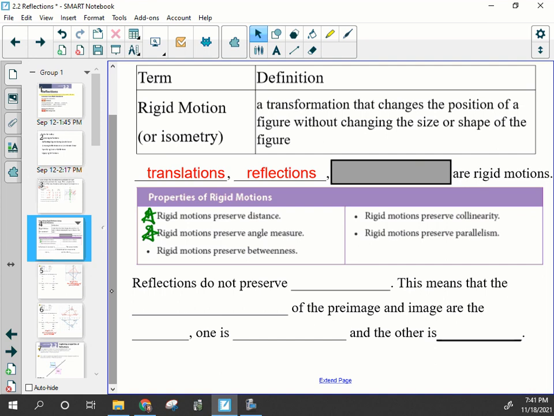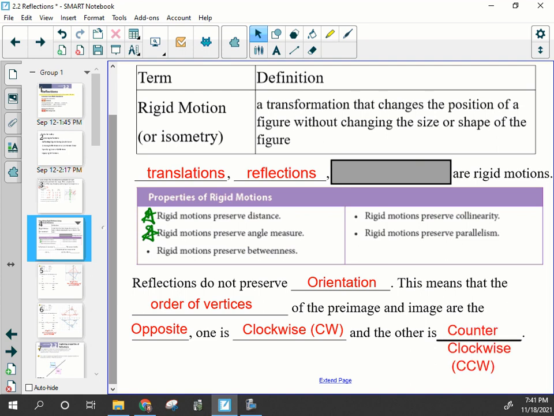Remember, we talked about translations, and translations preserve orientation. Well, reflections do not preserve orientation. This means that the ordered vertices of both the pre-image and the image are opposites. One of them will be clockwise, while the other one would be counterclockwise.